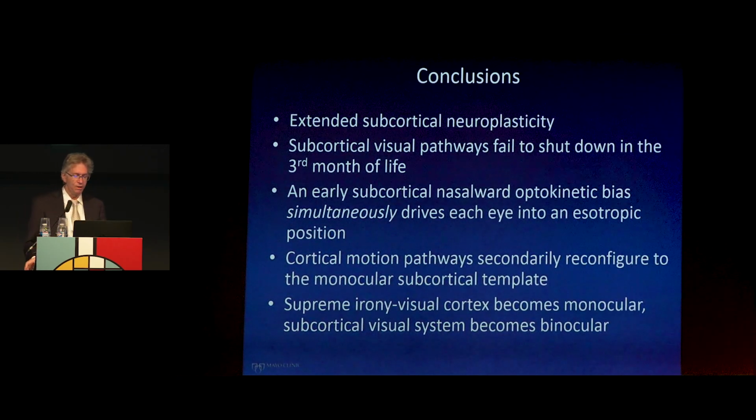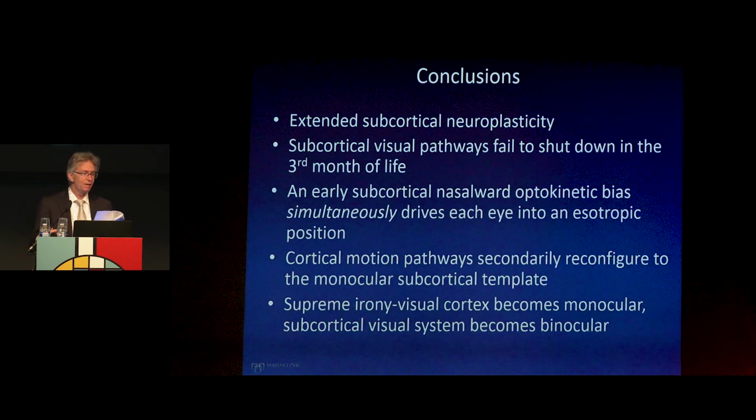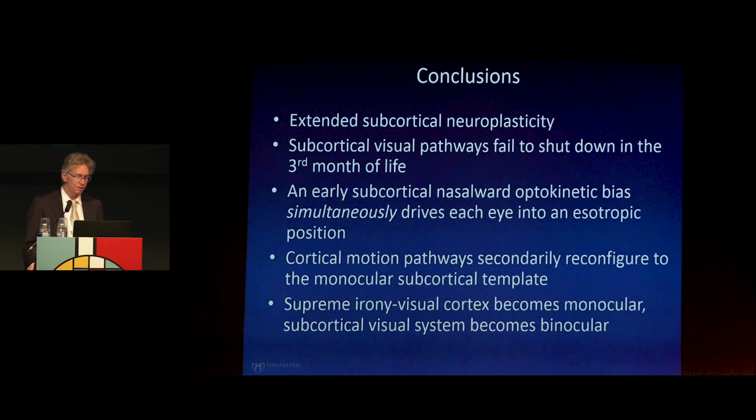And the supreme irony of this subcortical mechanism is that as your visual cortex becomes monocular, you're either fixating with the right eye or the left eye, the subcortical visual system becomes binocular, meaning that both nasal retinas are activated simultaneously at the subcortical level to drive the eyes inward.